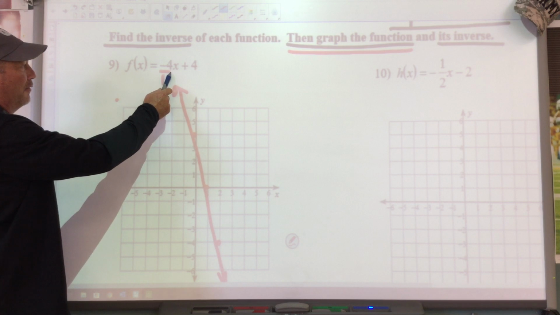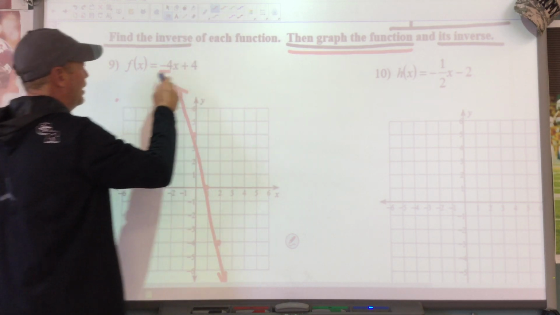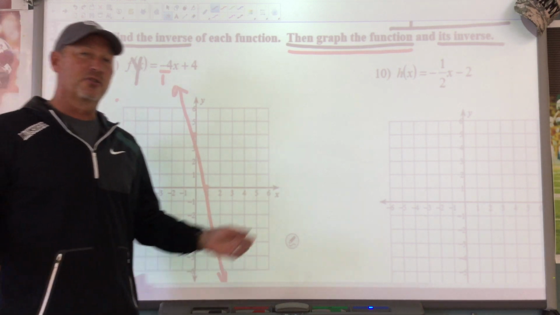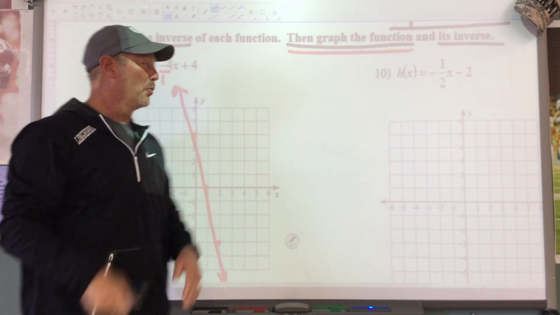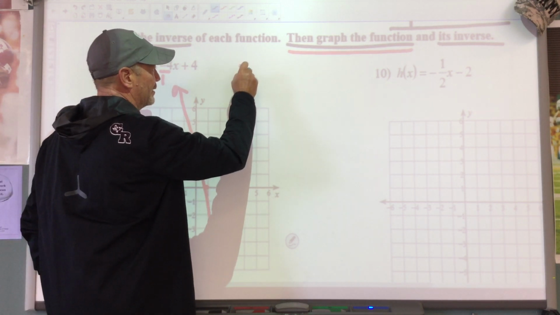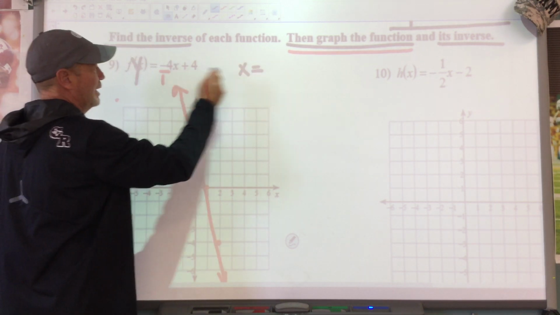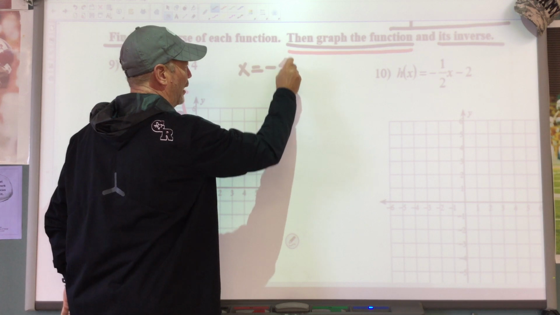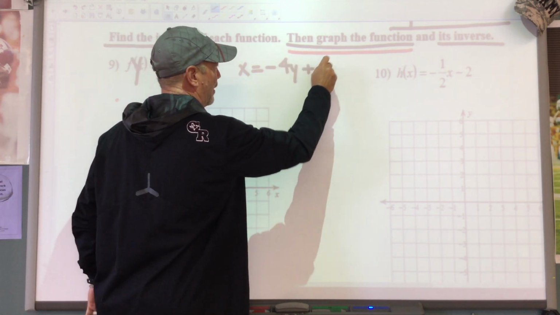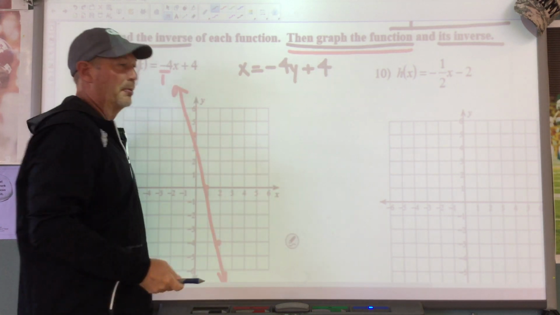Now we're going to find the inverse. This is our y, remember? So step one is to swap places, switch the x and the y. So we're going to write this as x equals negative 4y plus 4. Do you remember what I said?